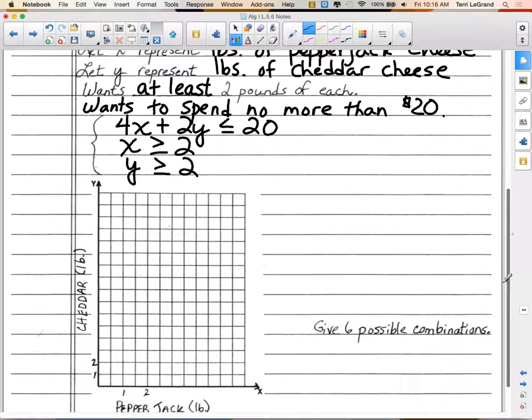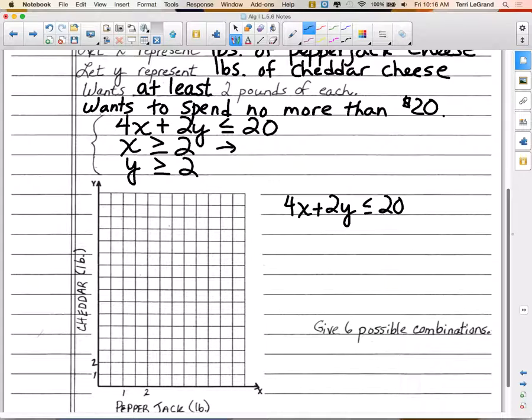Okay, so this one we're going to have to put into slope-intercept form, so we'll come down here and do that. This one, what kind of line is that? X is greater than or equal to. What kind of boundary line will that one have? It'll be solid, but what kind of line will it be? It doesn't have any y's in it. What kind of line does not have any y's in it?